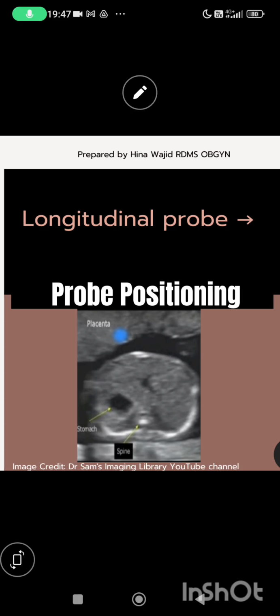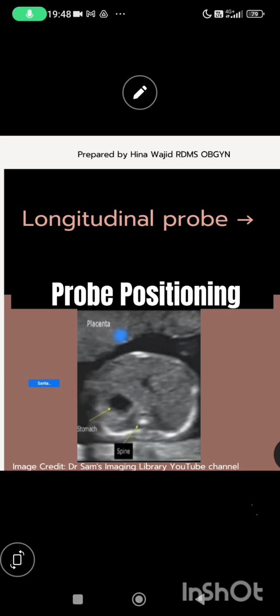Okay, what about this one? Cephalic. Longitudinal. Clockwise. Transverse. Right. Towards maternal right. The probe is longitudinal. So whenever the probe is longitudinal, then it's transverse.